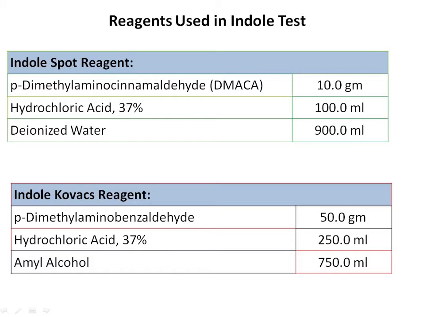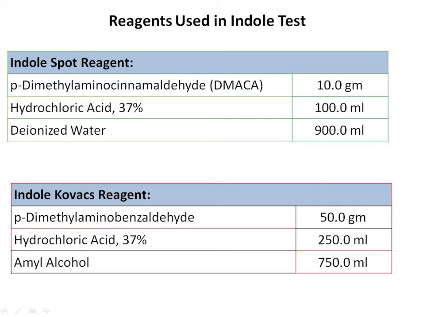First, what are the reagents generally used in the indole test? Two reagents are generally used. Number one is indole spot reagent and number two is indole Kovac reagent. Indole spot reagent includes DMACA, hydrochloric acid and deionized water.